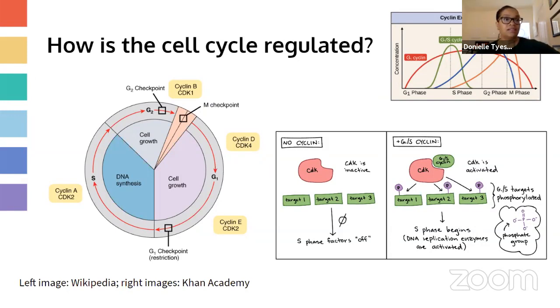The G2 checkpoint makes sure that the centrioles, if it's an animal cell, have been produced and the cell is ready to go through mitosis or meiosis, and then the M checkpoint makes sure that the chromosomes themselves are properly aligned and dividing. So that's pretty much how the cell cycle is regulated.